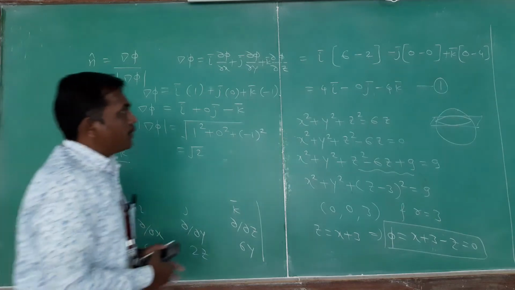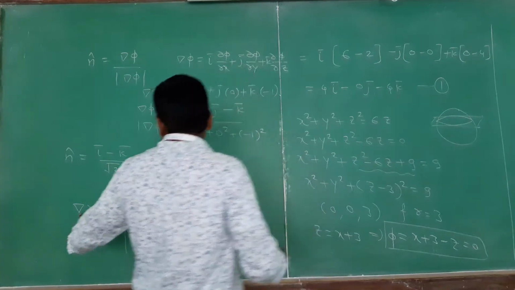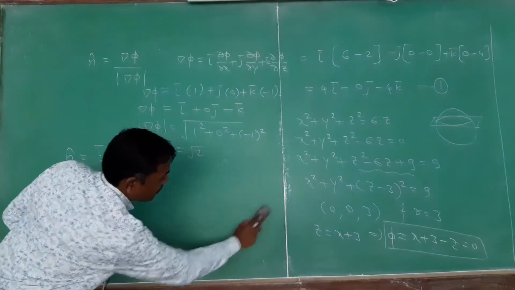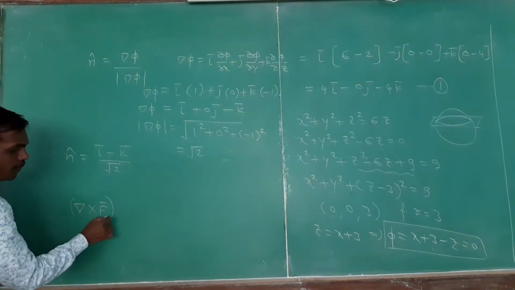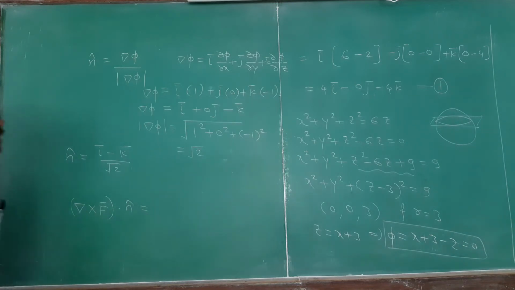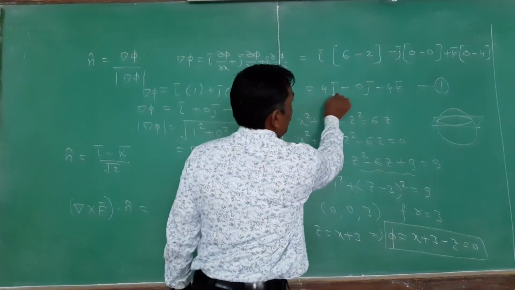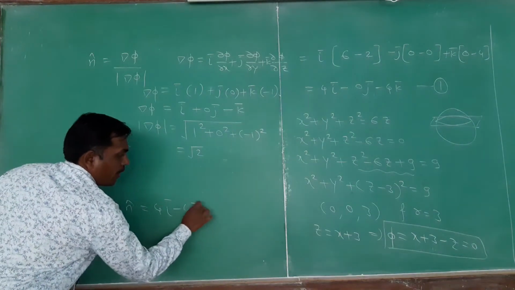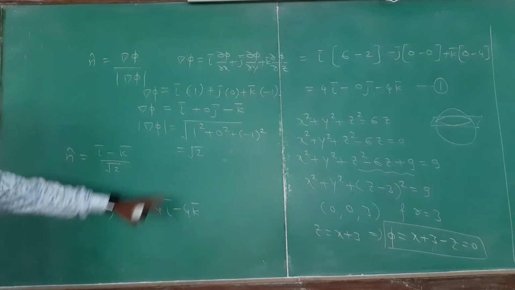Now let us find del cross f bar dot n cap. Del cross f bar is from our earlier result, 4 i bar minus 4 k bar. In between, 0 j bar is there, no need to write that.